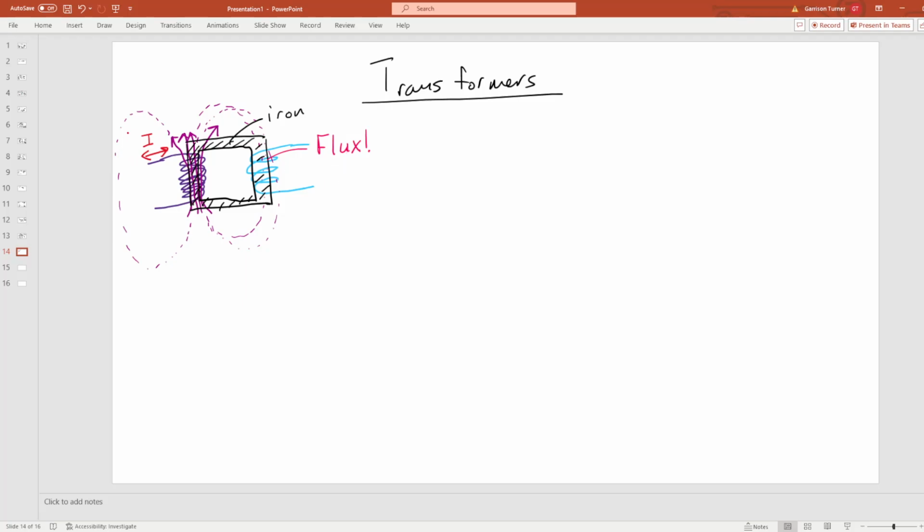But if this is an AC current, okay, then what that means is this flux is changing, because at one instant the magnetic field will be polarized like this, and then the magnetic field will die off, and then it will be polarized like this.